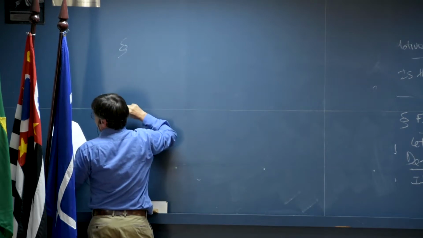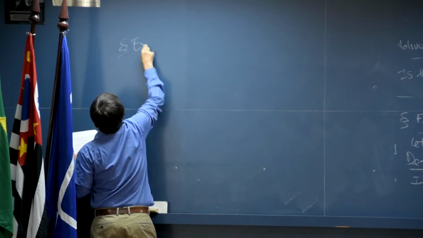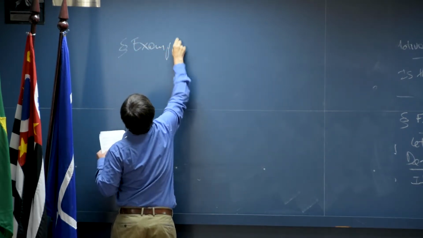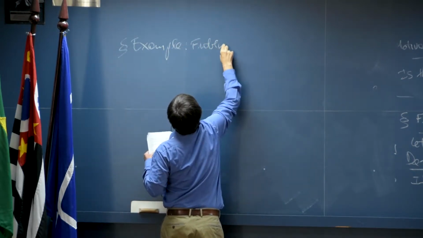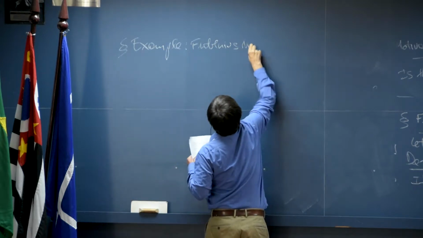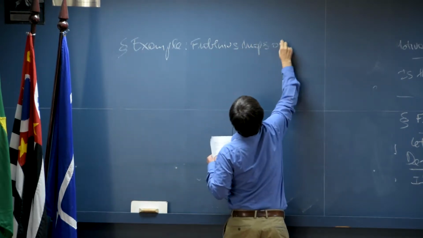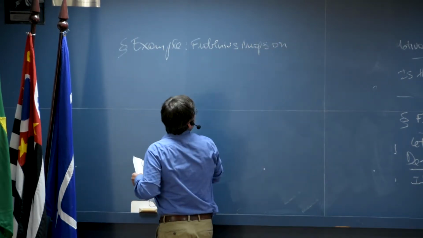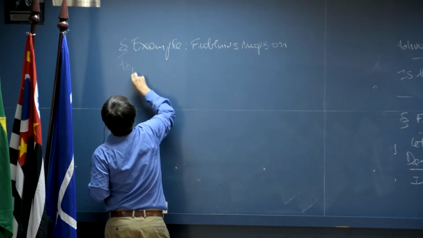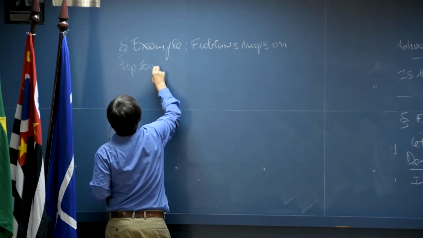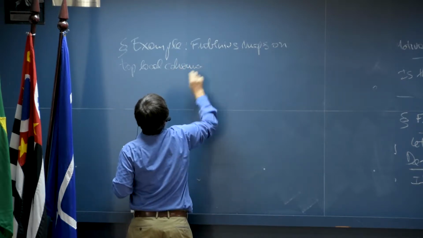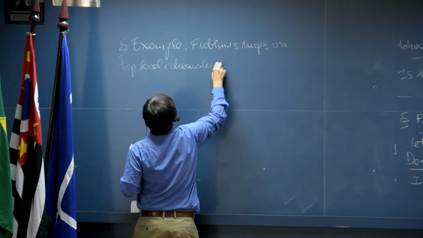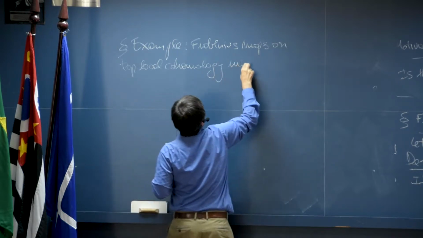So that's the next section, and it's an example. And it's Frobenius maps on top local cohomology modules.